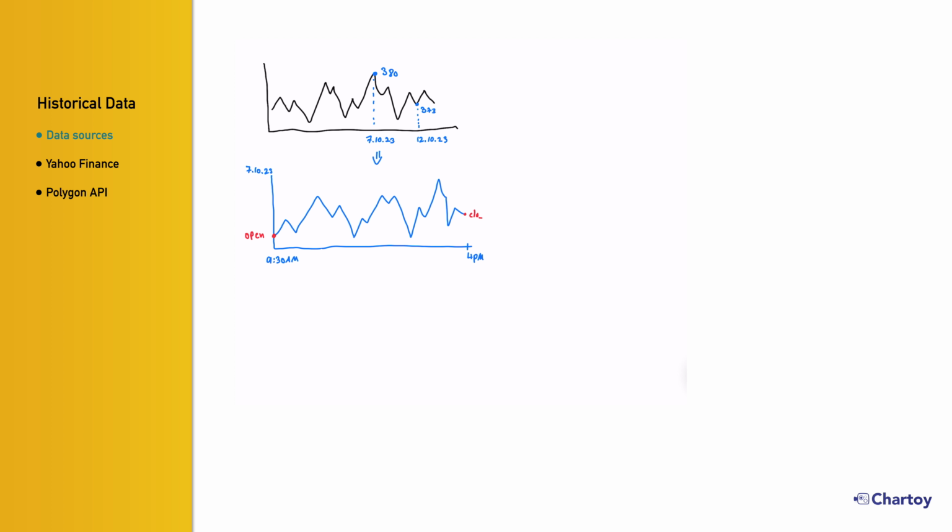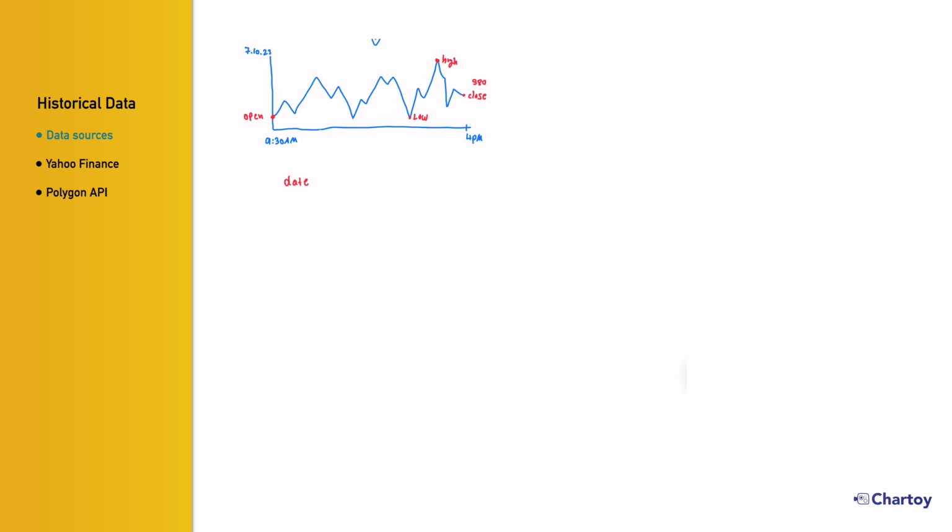We're going to choose the open price at 9:30 a.m., the close price at 4 p.m., the high price, which is the highest price during this day, and the low price, which is the lowest price during this particular day. So when we said that the price on the 7th was 380, we mean that it was the close price of the day, 380.